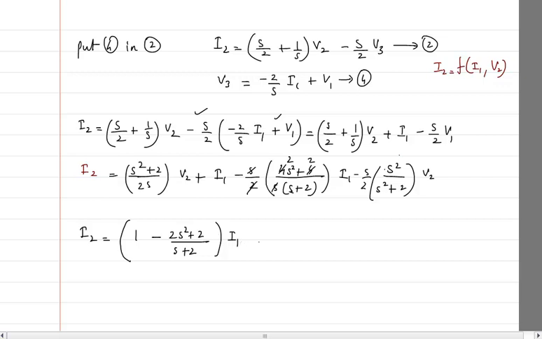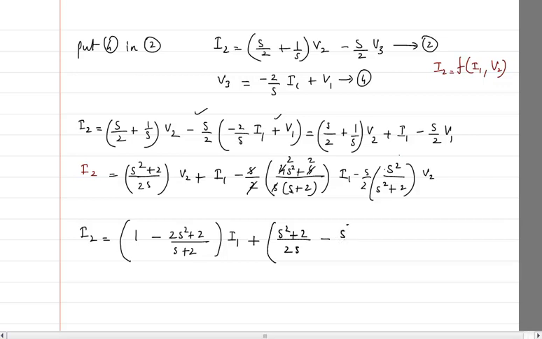Okay, and then about V2, let me have a look. About V2 it is plus S square plus 2 by 2S minus S by 2.